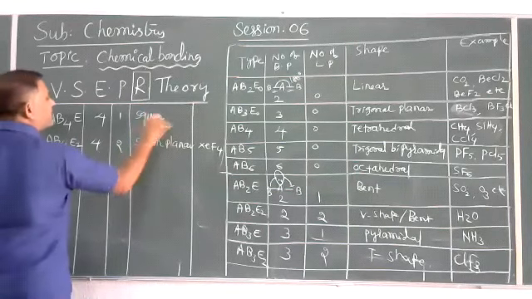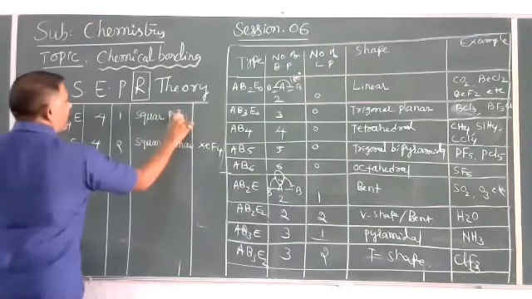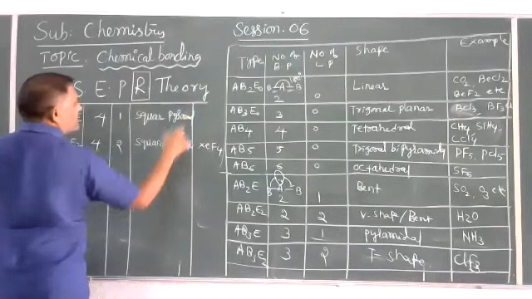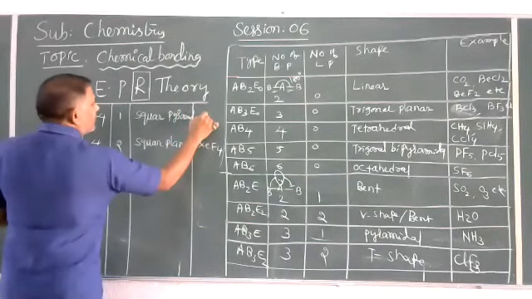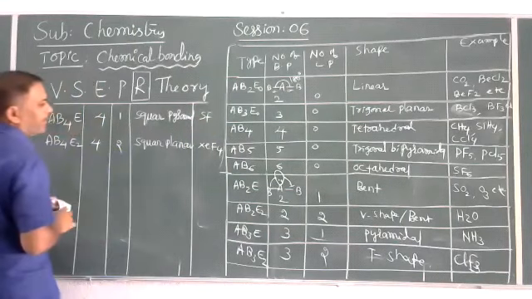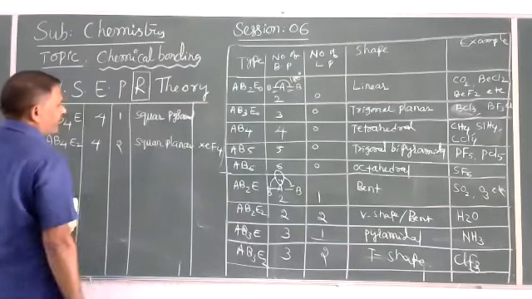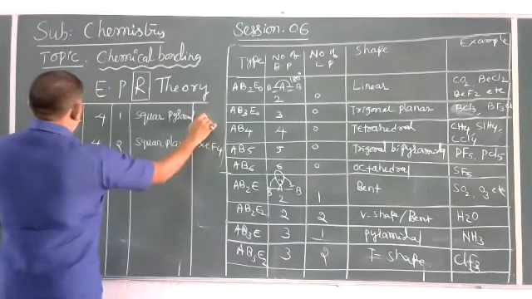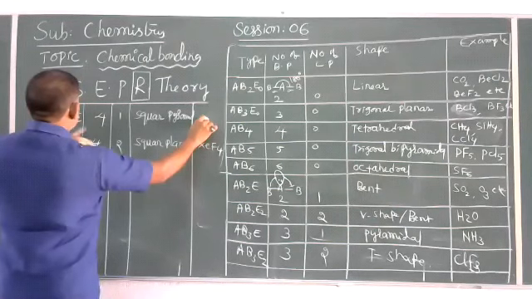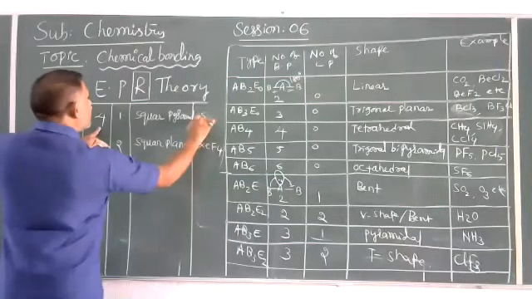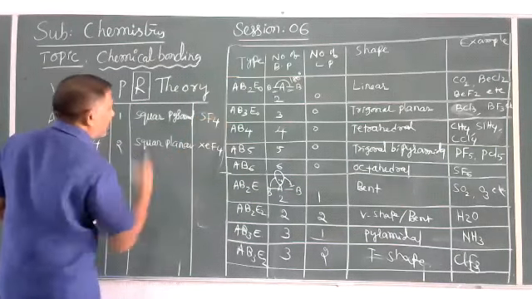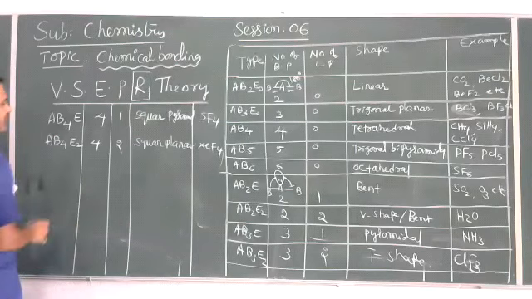Square pyramidal structure we can take, for example, SF4 where one lone pair is present here.